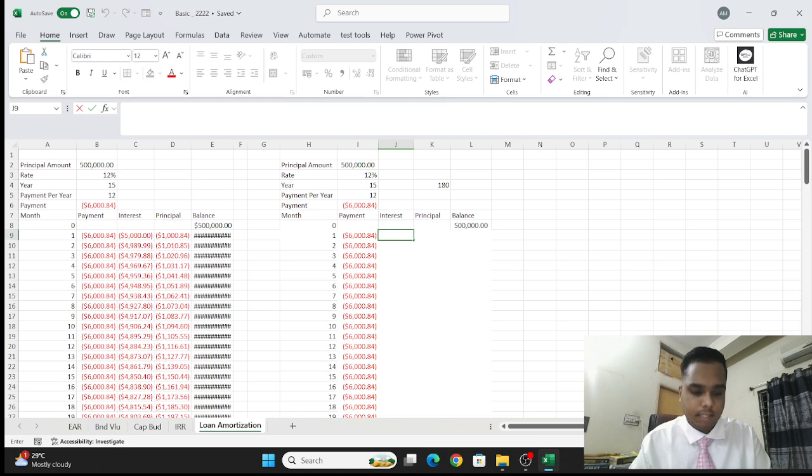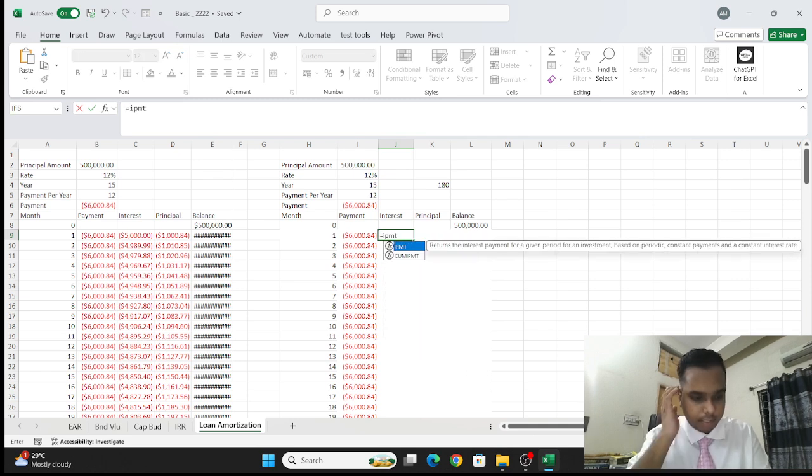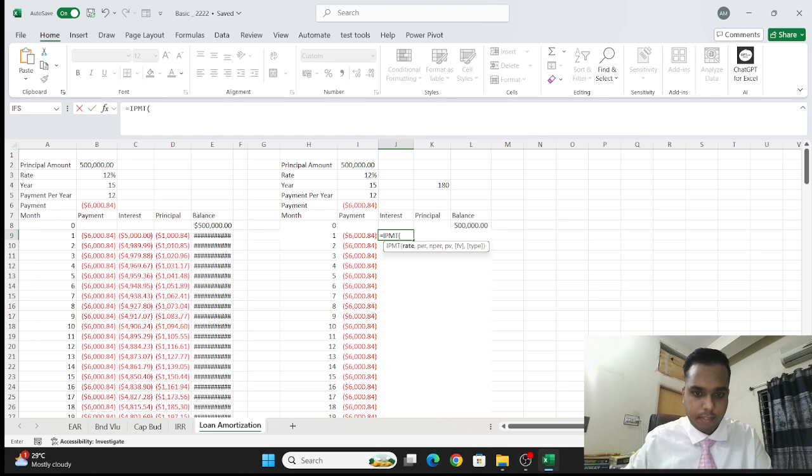Our next step is to calculate the interest. For interest, equal IPMT. This is the formula: interest rate divided by 12, comma, per. Per means month one.